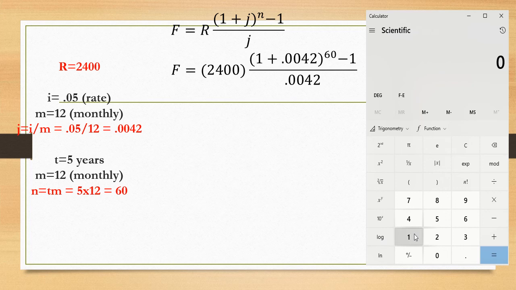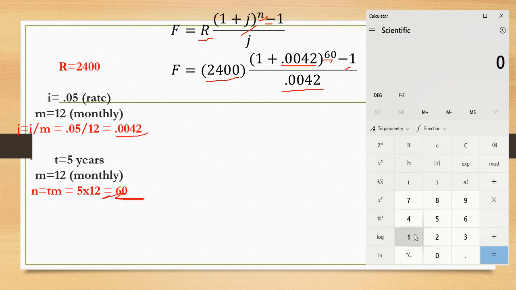So 2,400, which is your R, times 1 plus J, where J is 0.0042, raised to N, the exponent N is 60, minus 1, divided by J, which is 0.0042, also our J.